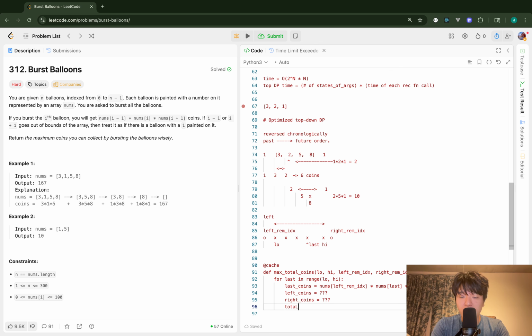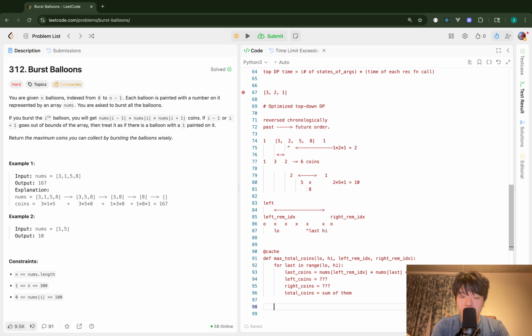Then I get total coins by getting the sums. Then I will return the global max of total coins in the end. Yeah, so this is basically what I would do in the recursive function call.